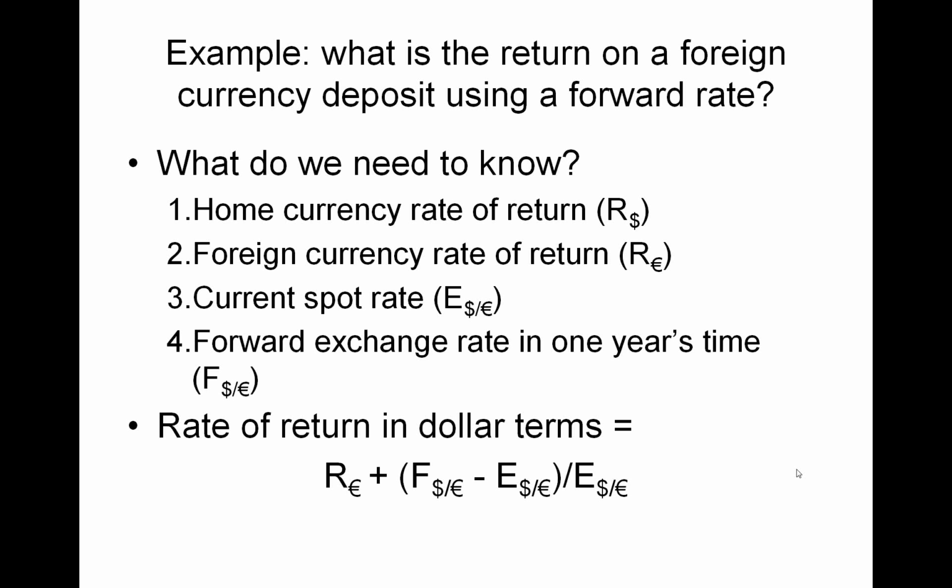So again, this rate of return looks a lot like the rate of depreciation. It looks a lot like the expected rate of return, given the expected exchange rate in the future that we talked about before.